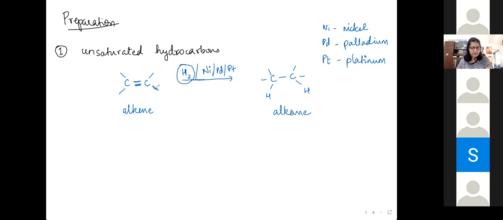This particular type of reaction is an addition reaction because you're adding a smaller molecule here. Specifically, the name of this reaction is hydrogenation. This is quite important. If you come across hydrogenation in any context, it just means addition of hydrogen in the presence of this catalyst.